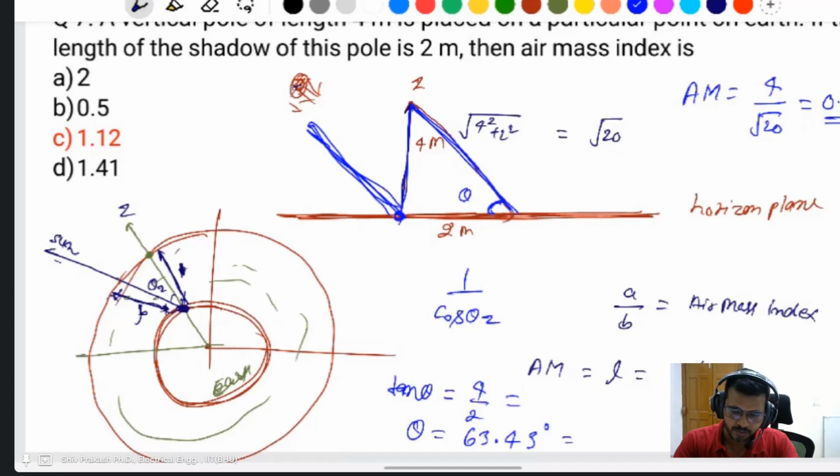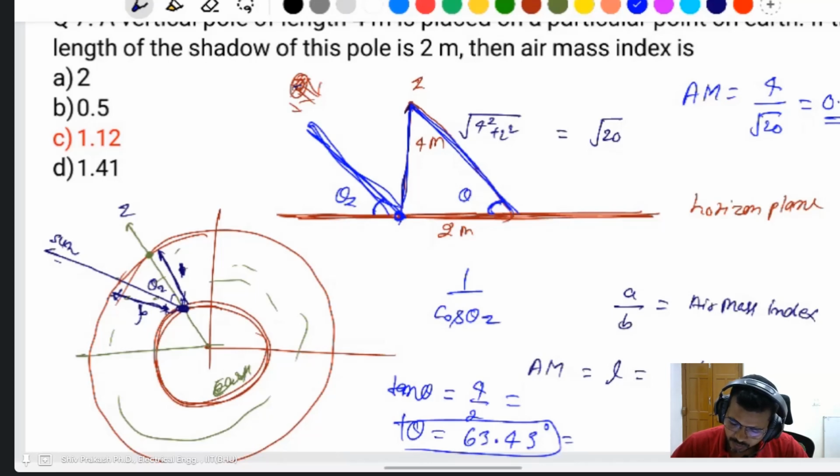Sir, we can calculate the zenith angle now, sir. Yes, theta z, that will be tan theta z equals 2 by 4. The zenith angle is this one, no? Yeah, the zenith angle is this one. So tan theta z will be 1 by 2, and theta z, that is the zenith angle, will be 26.56.